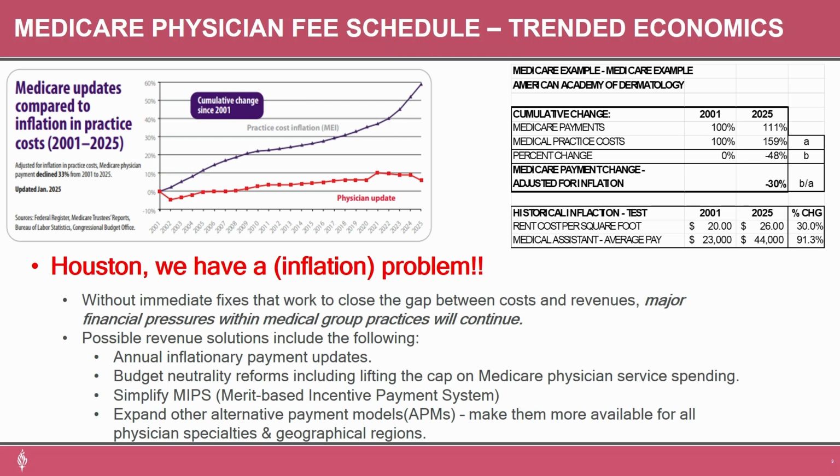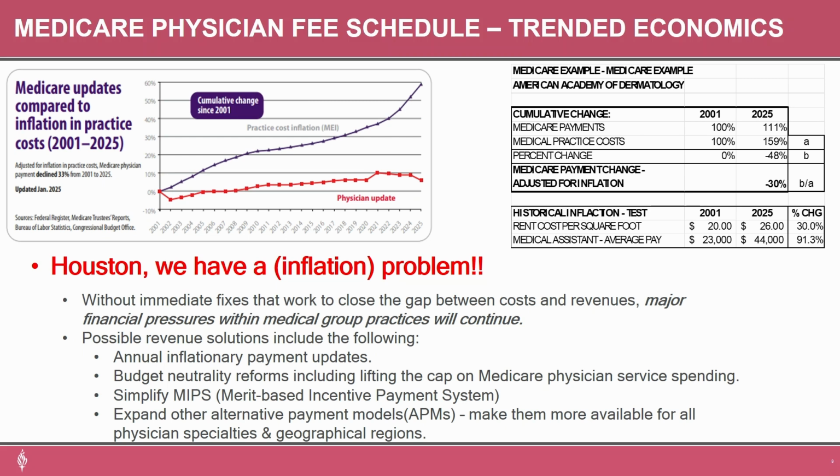So I think based on this supporting information, the practice costs are substantially outpacing the Medicare payments. So what does that mean for us? Well, it definitely means we have a problem. Without immediate fixes that work to close the gap between cost and revenue, major financial pressures within medical group practices will continue.